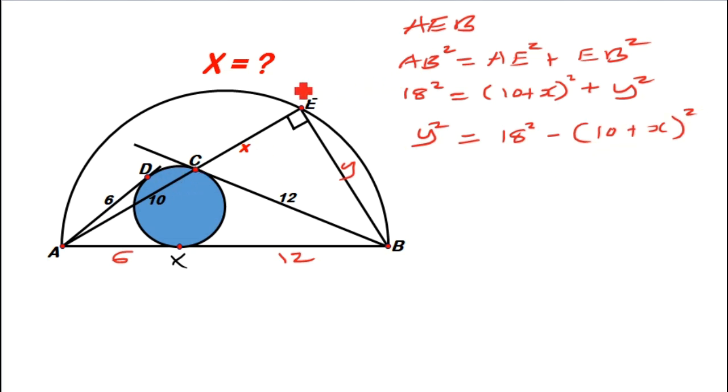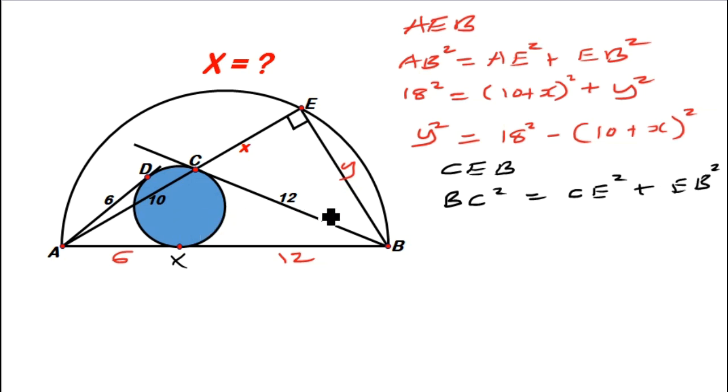The second one: if you look at triangle CBE, or triangle CEB, it is also a right angle triangle at point E. The longest side is CB or BC, the hypotenuse. So if you use Pythagoras theorem, BC squared equals CE squared plus EB squared.